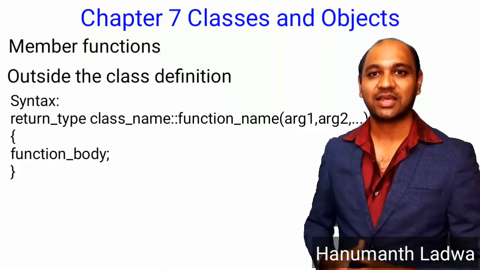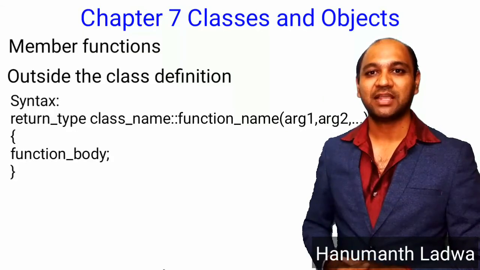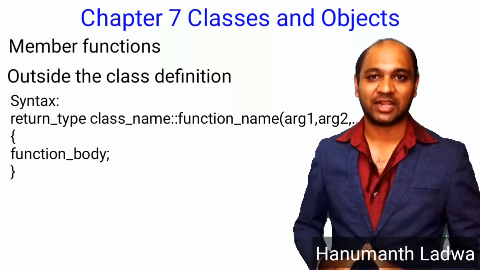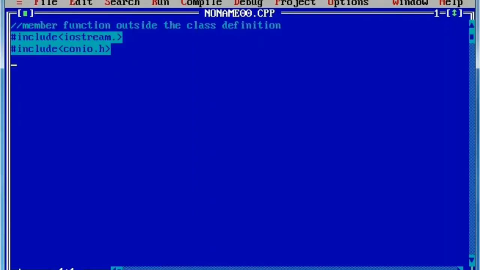Now let us see an example of how exactly we can define a member function outside the class definition. For that I am going to take you to my laptop screen. Here you can see I've already written a single line comment, member function outside the class definition, and the preprocessor directives, hash include iostream.h and hash include conio.h.